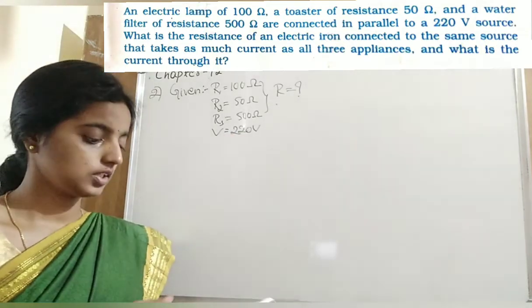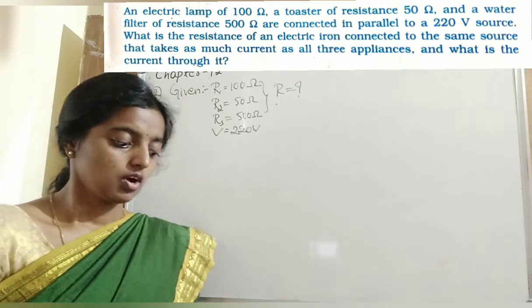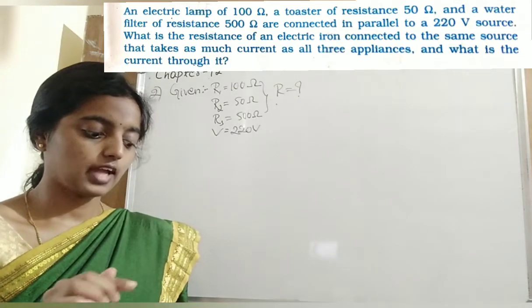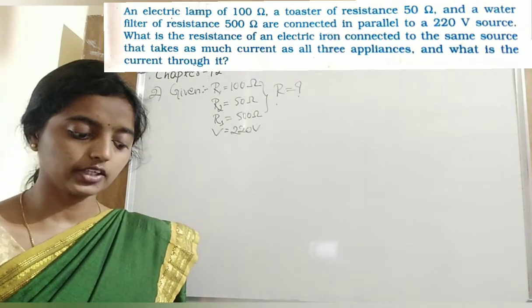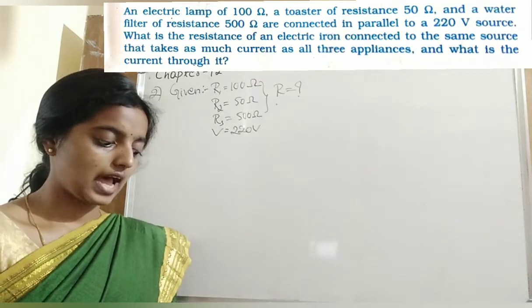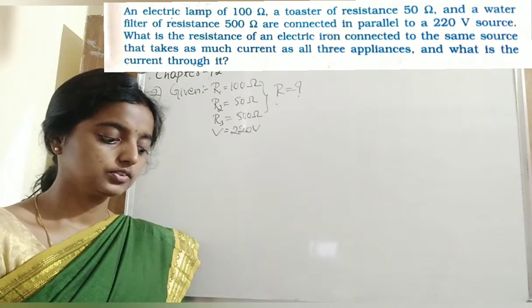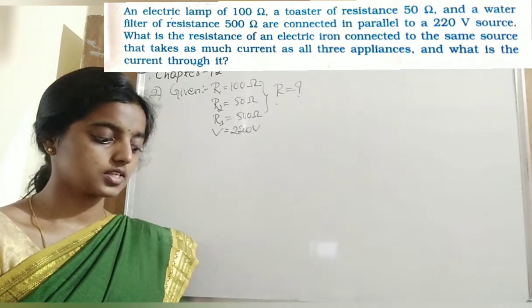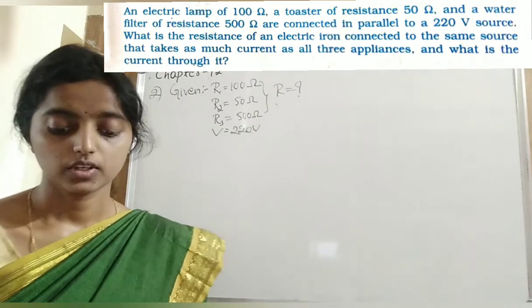So these are the given terms here. What is the resistance of an electric iron connected to the same source that takes as much current as all three appliances, and what is the current through it?